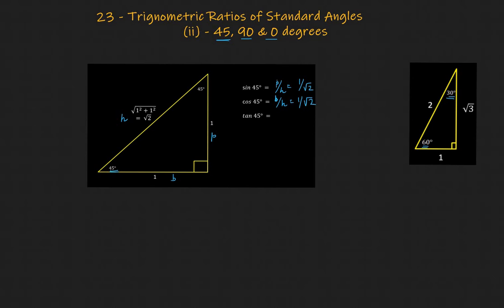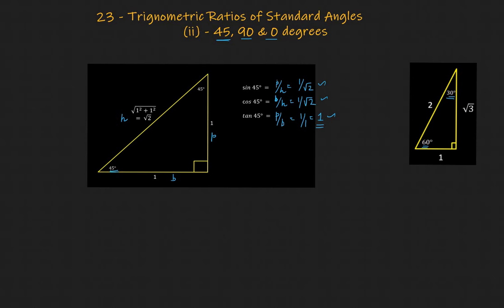And tan 45 is perpendicular by base, that is 1 by 1, that's equal to 1. So this was quite easy to remember, because sine and cos have the same value for 45 degrees, which is 1 by root 2, and tan 45 has a value of 1.